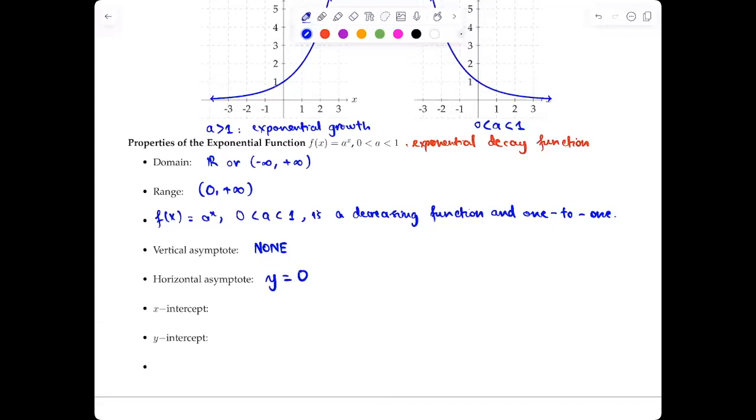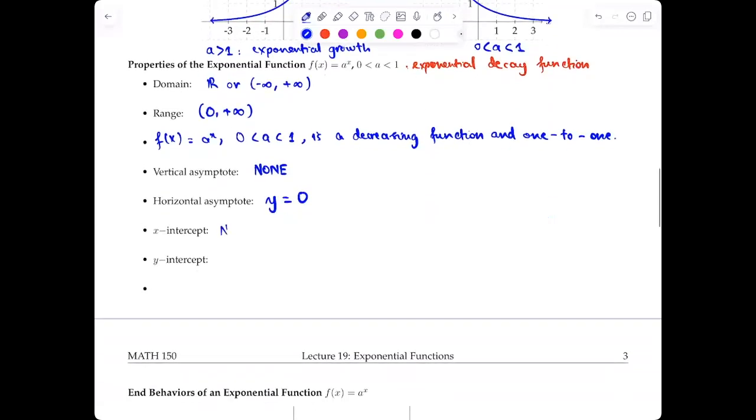You may have one x-intercept. But in this case, there's no x-intercept. There's one y-intercept, which is (0, 1). And again, this exponential function graph is continuous and smooth with no corners or gaps.